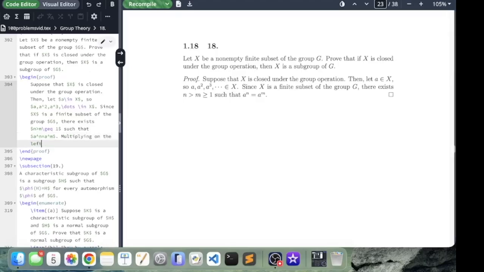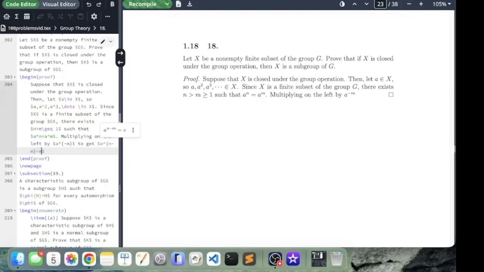Multiplying on the left by a to the negative m, because the a elements are being pulled from G, since it's a subset of G. G is a group, so every element has an inverse. So a to the m has an inverse in G, namely a to the inverse m. So we're going to multiply on the left by this to get a to the n minus m equaling the identity.